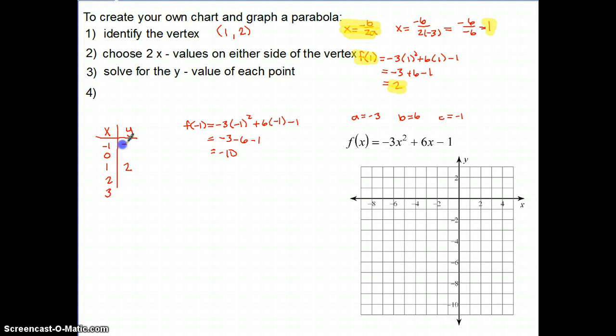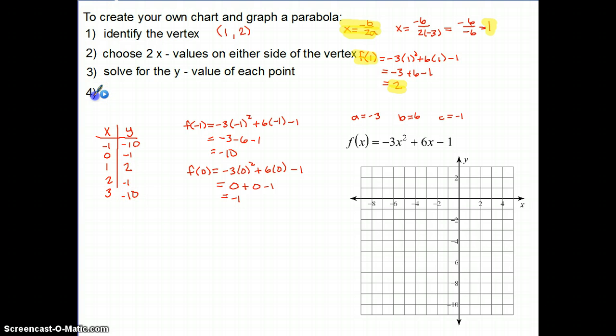So our first point is -1, -10. Plugging in a 0. f of 0 is -3 times 0 squared plus 6 times 0 minus 1. -3 times 0 is 0. 6 times 0 is 0. Minus 1 is just -1. You can complete the next two. You should get a -1 and a -10.